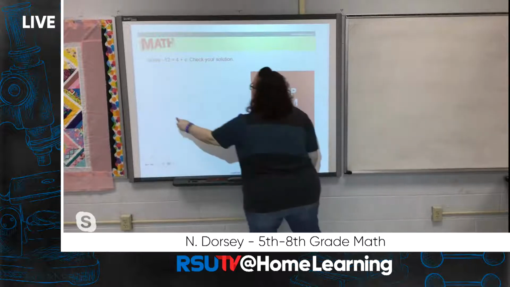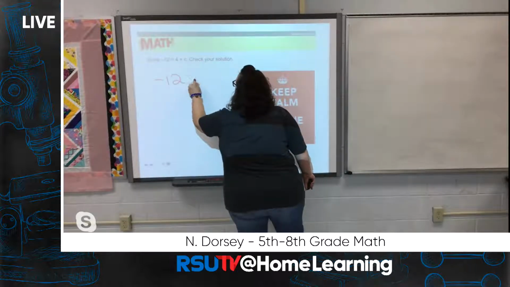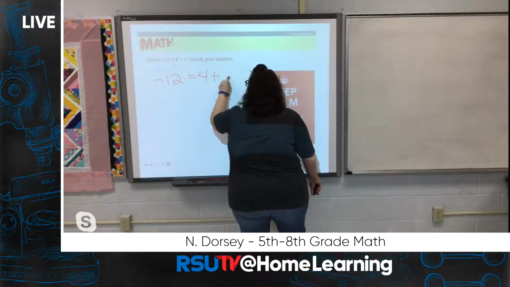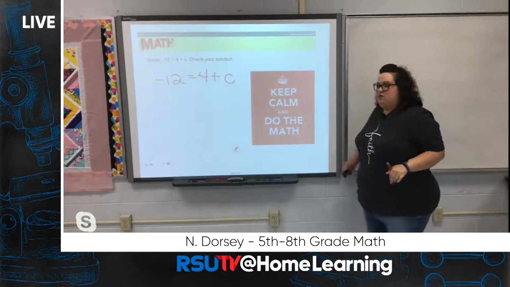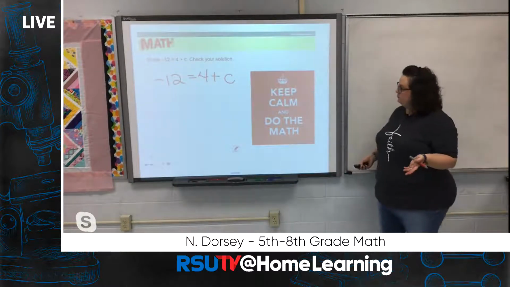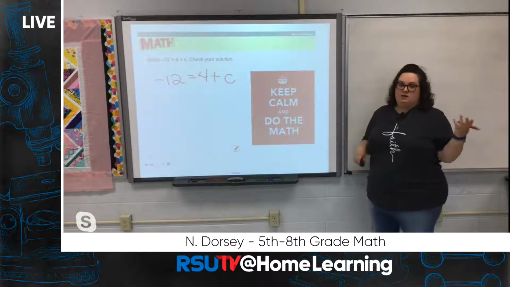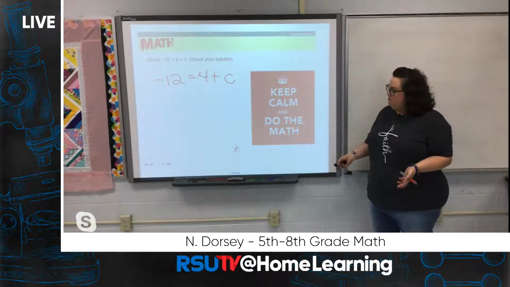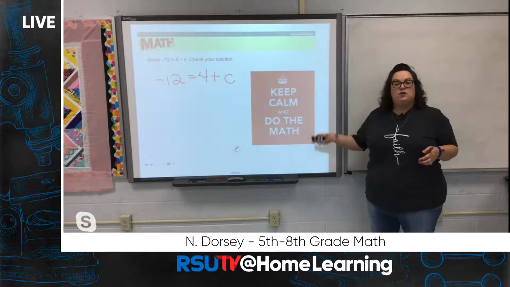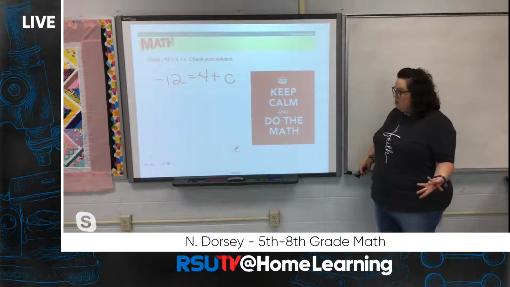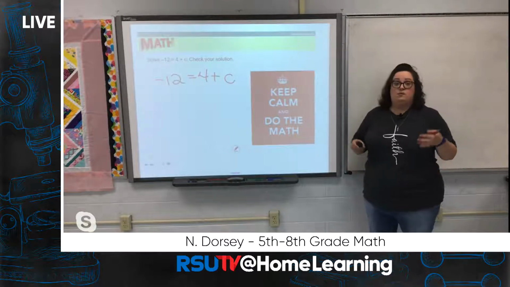So we've got negative 12 equals 4 plus C. So ask yourself, what's going to stay? The C. What's going to move? The positive 4. And the positive 4 is going to do the opposite, which is become negative, or you can even say subtract 4.